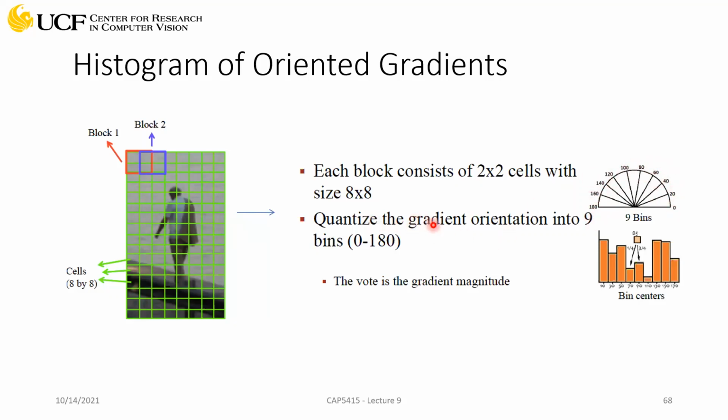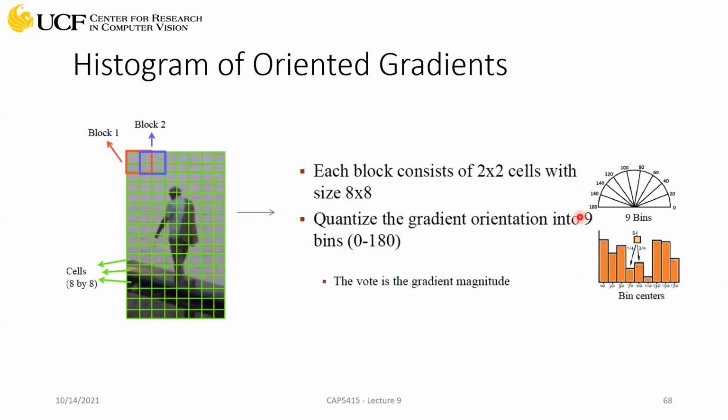You first quantize the gradient orientations into multiple bins. In this case, we are dividing into 9 different equidistant bins, and you can divide into 18 different bins, or maybe 36 different bins. That will only change how many values you will have in your histogram.